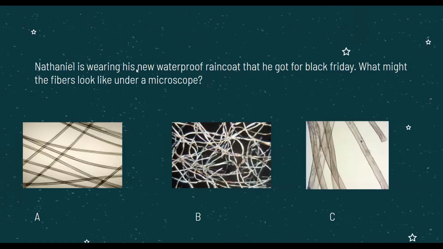And A crosses under each other in a crisscross pattern, which usually only happens in synthetic fibers. And C would be more of an animal fiber because you can kind of see the inside. There's something there, maybe like a medulla that you could see, or I don't know, but that's an animal fiber looking one.